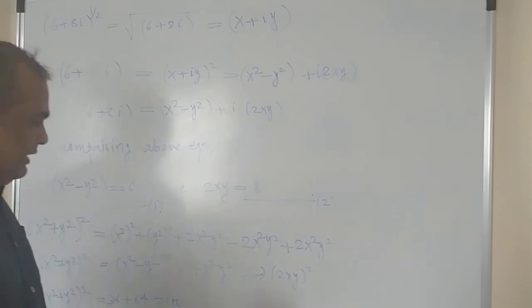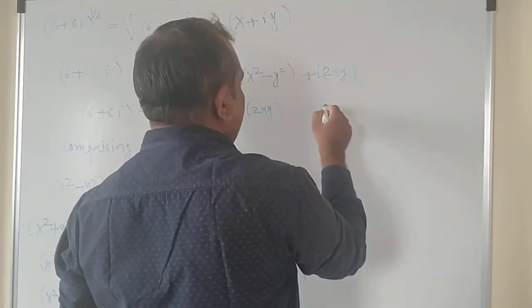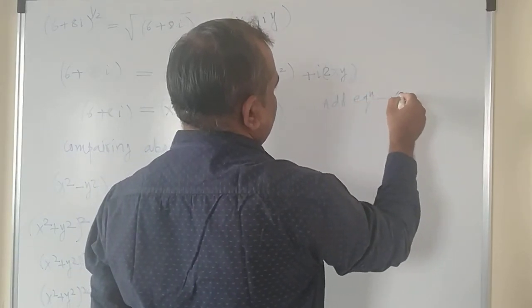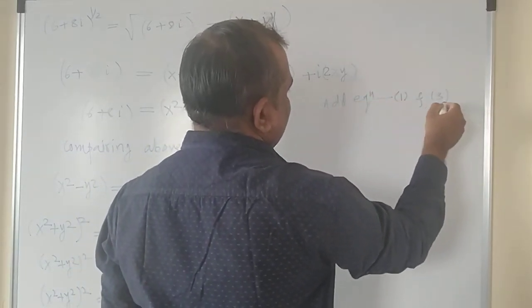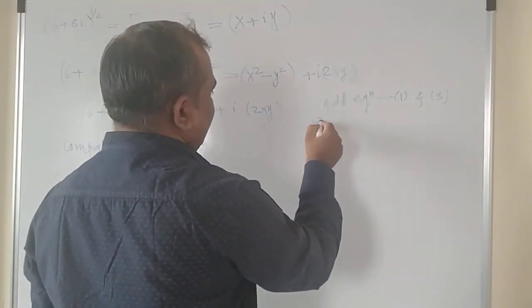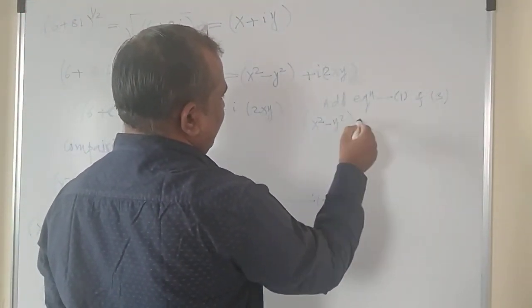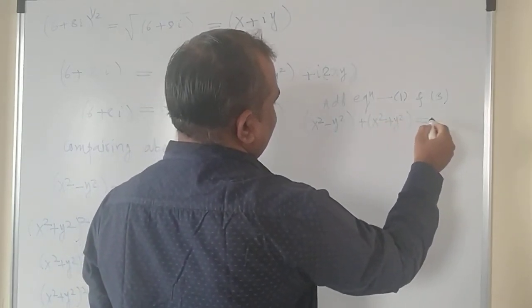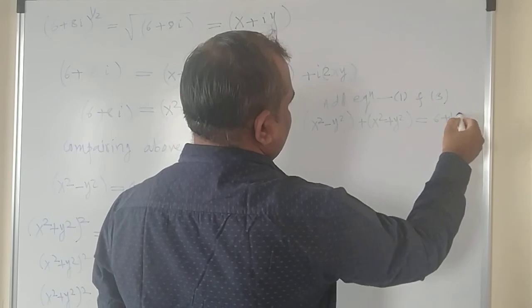I'll write here, add equation 1 and 3. Now after adding equation 1 and 3, you will get x square minus y square plus x square plus y square is equal to 6 plus 10.